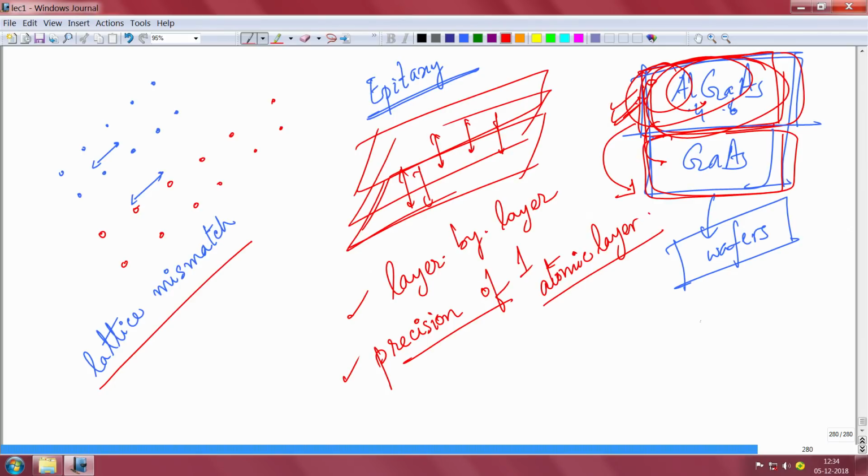Let's take an example of something else, say aluminum gallium nitride and gallium nitride. If this is gallium nitride and this is aluminum gallium nitride, it has a smaller lattice constant than gallium nitride.